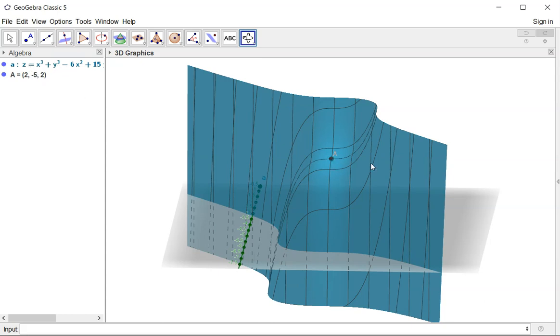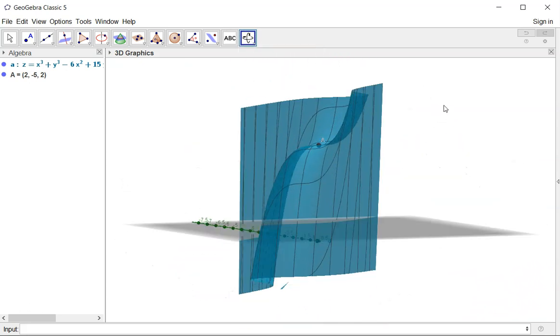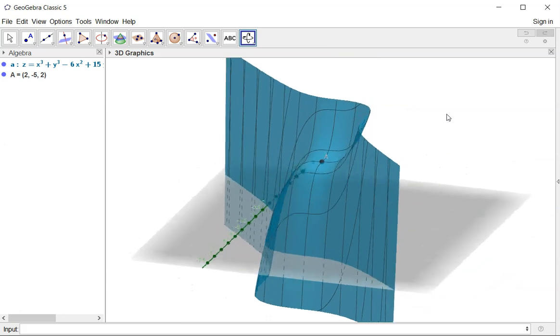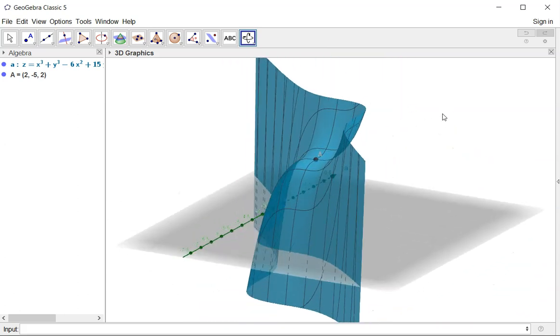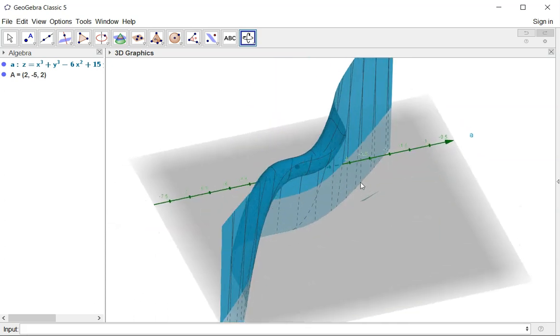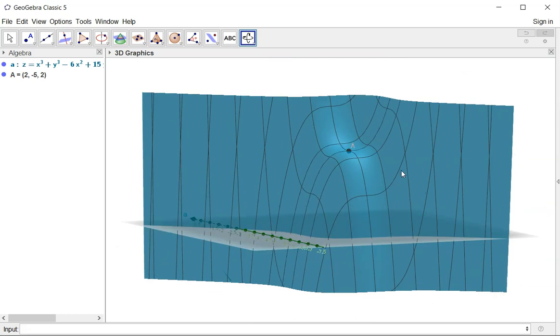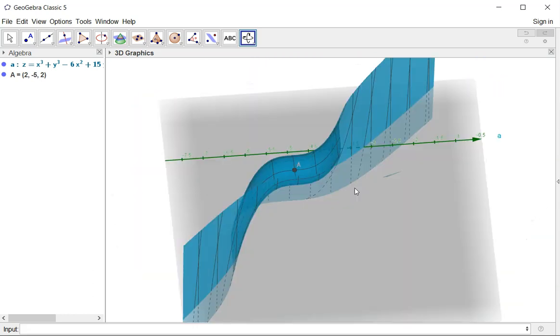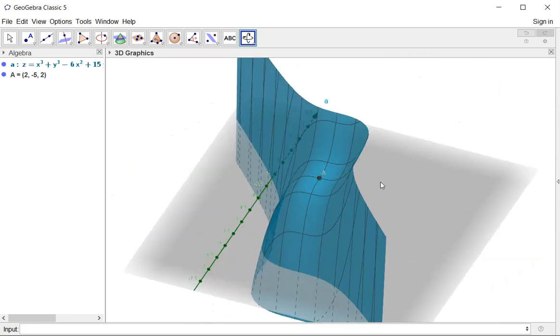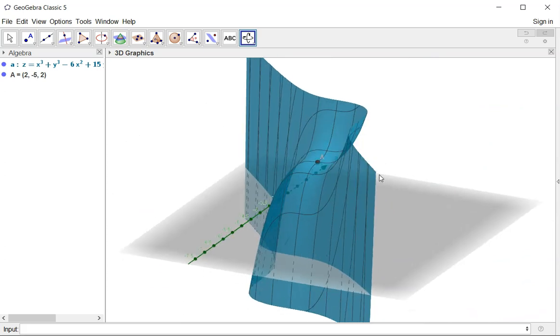So here's the point. You can see that this is not a relative maximum or relative minimum, because you can always find something higher and something lower. So this is not a local relative max or relative min. So it is a saddle point.